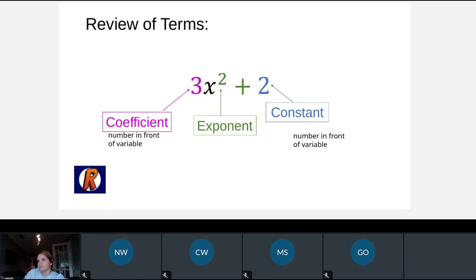And then constant is going to be the number without a variable, so it's just a plain number. The constant in this expression would be 2. So the way that we would read this expression is 3x squared plus 2.